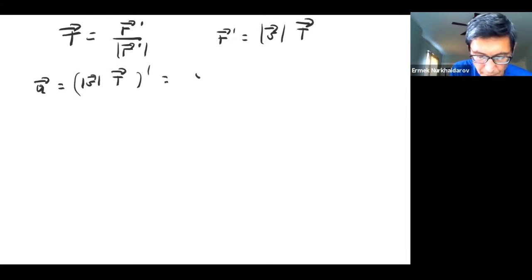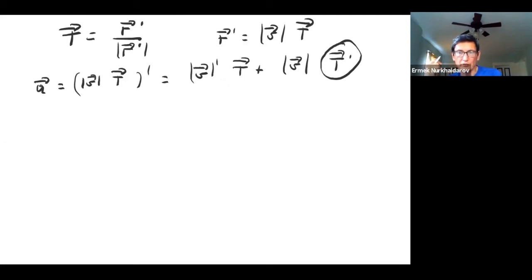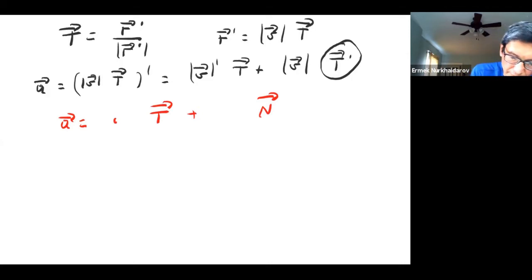We're going to get the derivative of speed times T, plus speed times the derivative of T. Now what we have here is T prime. And you recall the normal vector is essentially your T prime, but a unit vector in the same direction. So we can write A as a linear combination of two vectors, tangent and normal, T and N, with a tangential coefficient plus a normal coefficient.